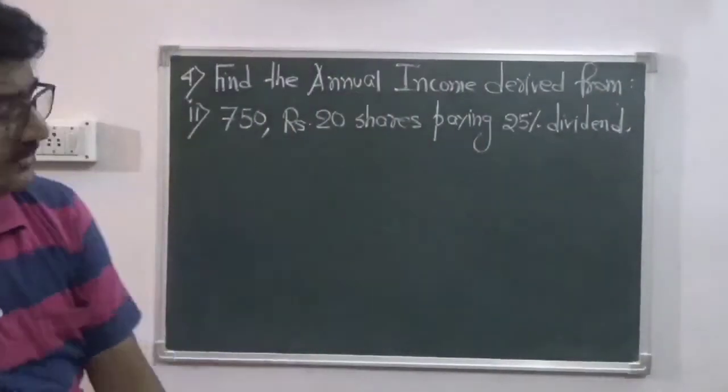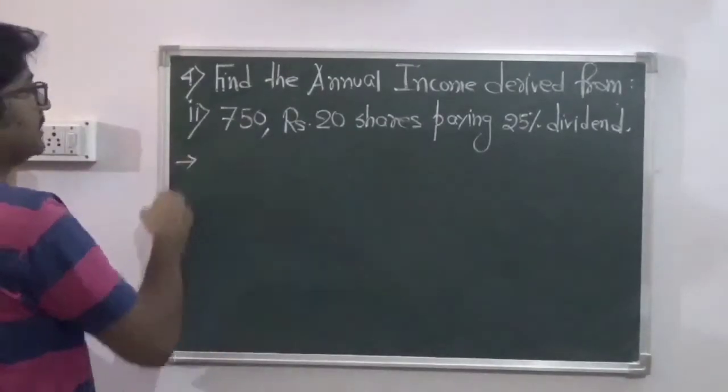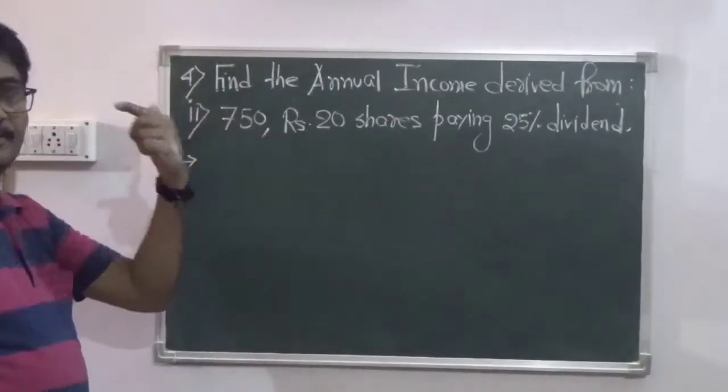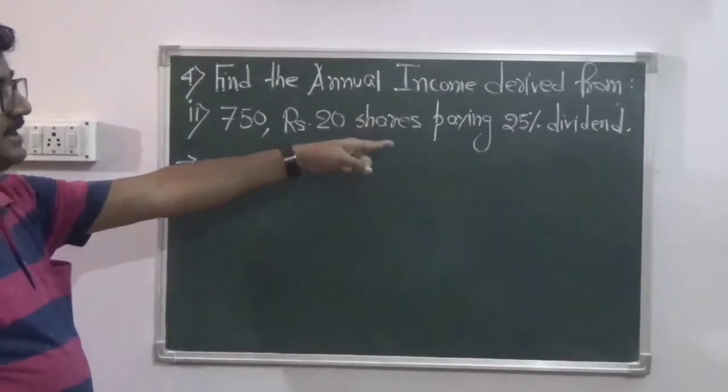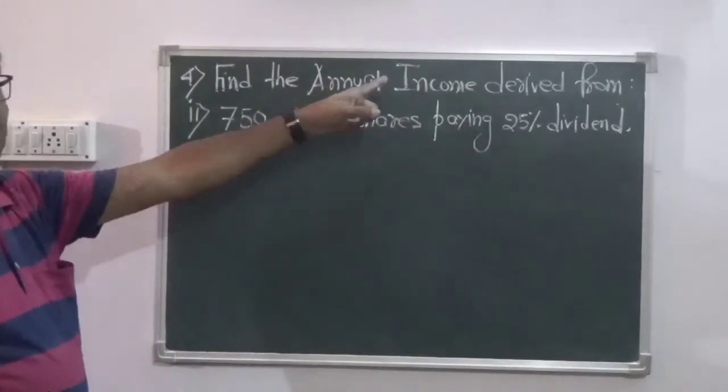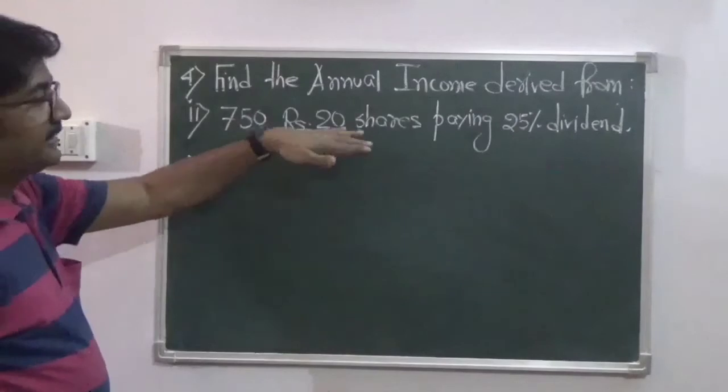Very similar. 750 the total number of shares, rupees 20 shares, paying 25% dividend. You need to find the annual income. Again the same question, data is changed now.